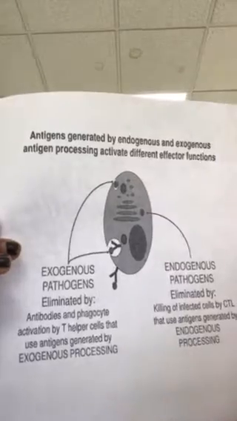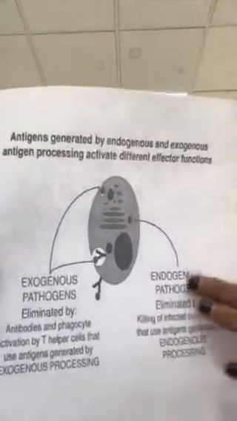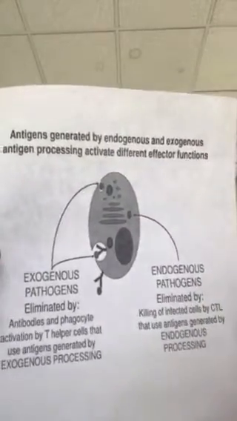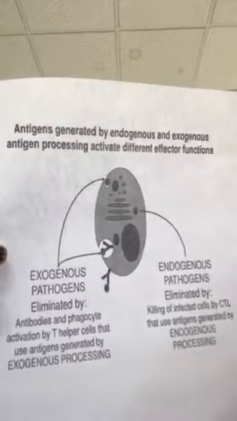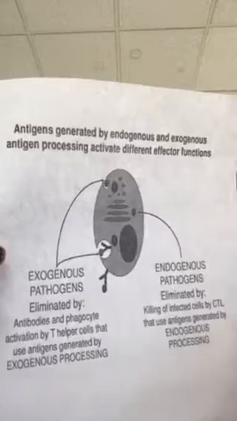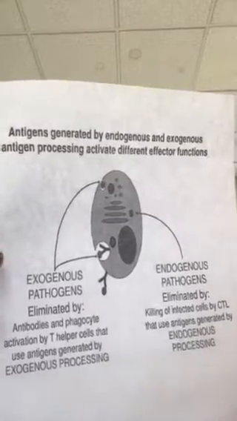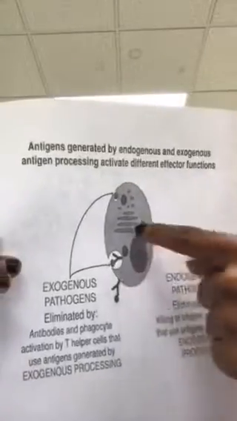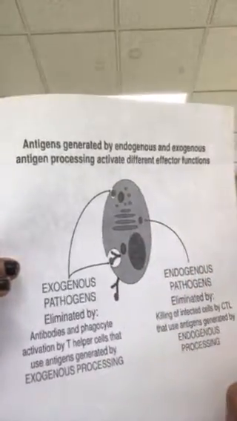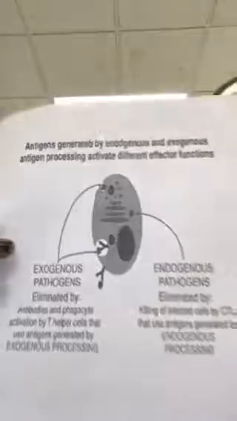That works by exogenous processing. The endogenous, right in here, pathogens are eliminated by the killing of the infected cells by CTL that use antigens generated by the endogenous processing. So that's a little picture right there. It shows you how those are inside, those are coming from the outside, and a little representation.